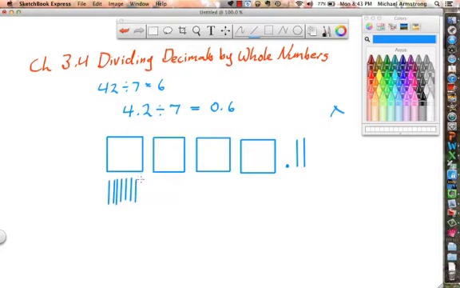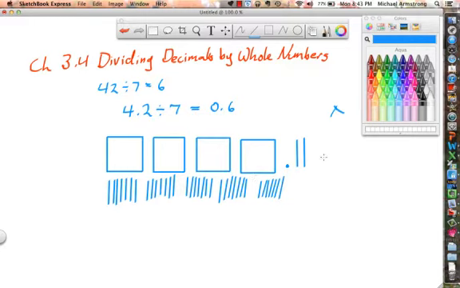There's one group, two groups, there's 3 groups, four groups.